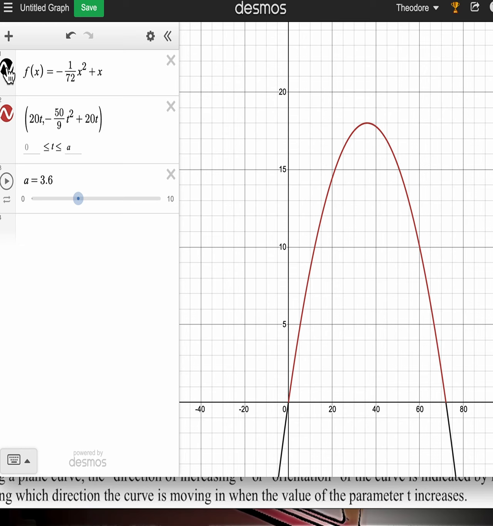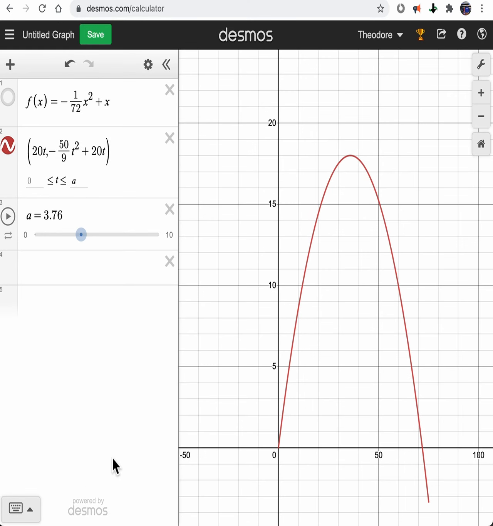All right, so you get a little better idea when you do that, but this would be the parametric curve. This is the function itself, but this one is dependent on time. So now I know the position at any moment in time. Next is to come up with a way in which we can get the coordinates, because if I have to plot this on paper, I'll need that information. So what I'm going to do is take this ordered pair and define it as some function g of t.